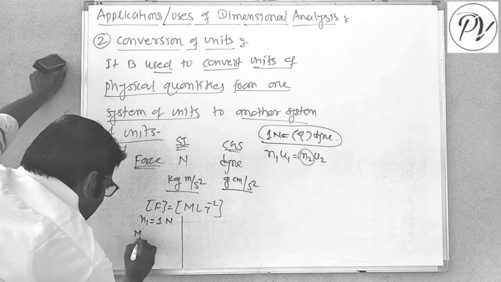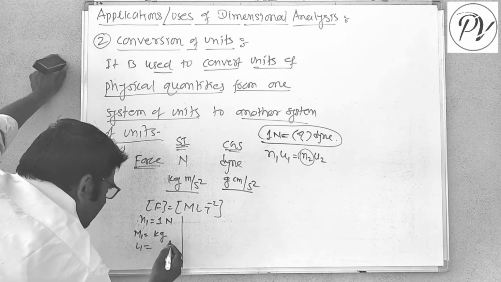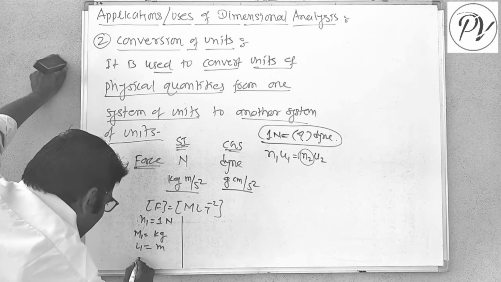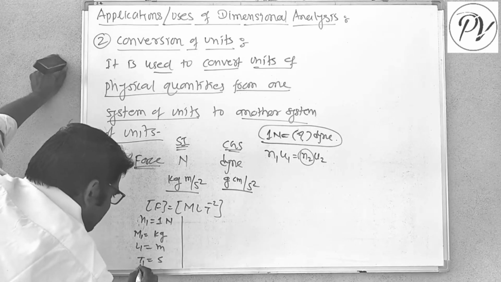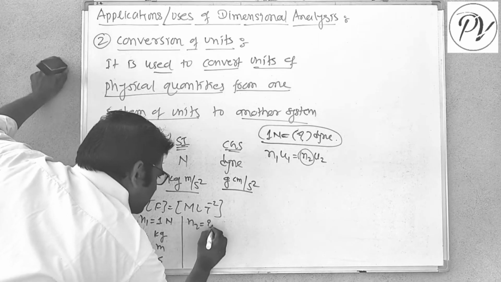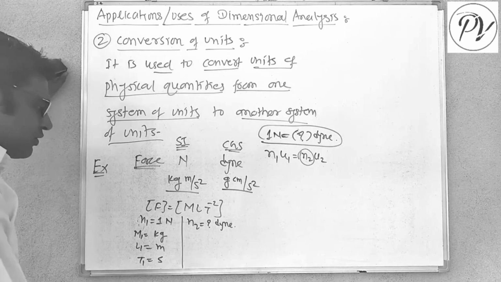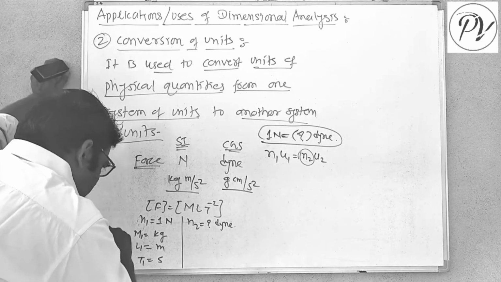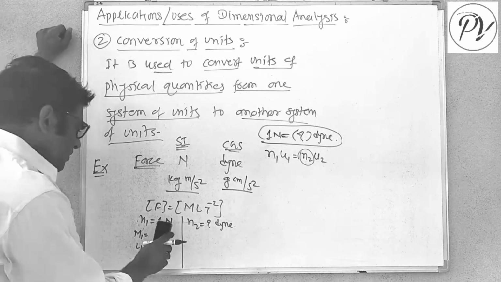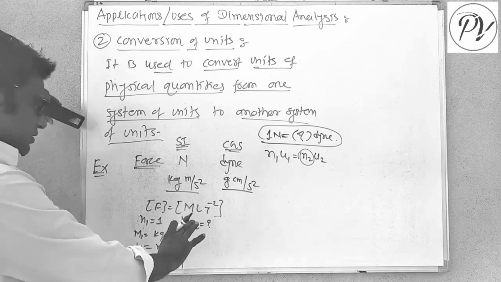Let us take M1 is kg, then L1 is length, so meter, and T1 is second. Here N2 is some number of dyne, some value we don't know, we have to calculate. N1 is equal to 1 and N2 we have to calculate.